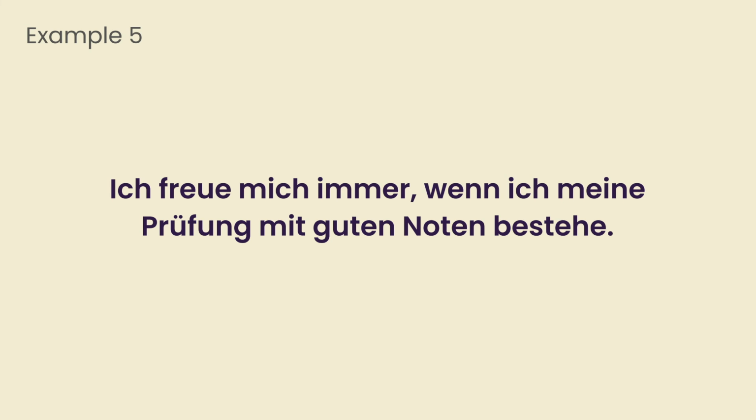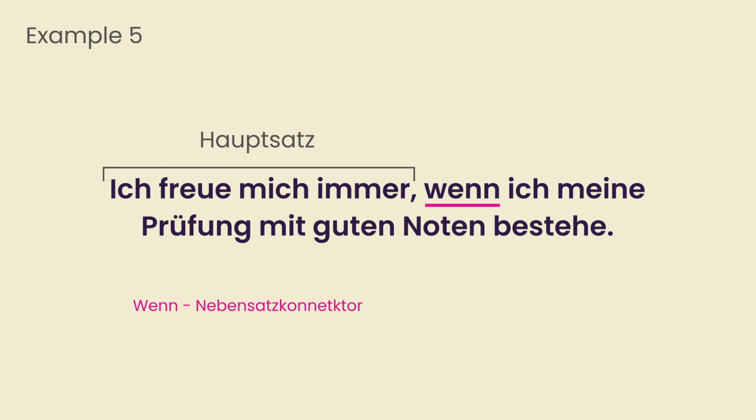So when you look at the sentence, I am always happy if I pass my exam with good marks. So this was a very simple sentence where you can see Hauptsatz, ich freue mich immer, followed by the comma, which is always to be remembered, wenn, which is your Nebensatzkonnektor, which is if, bestehe goes at the end.